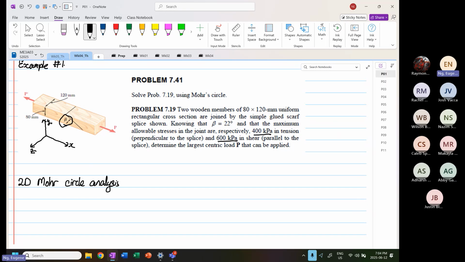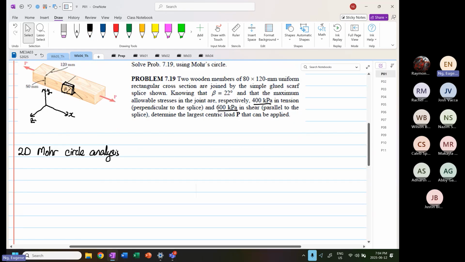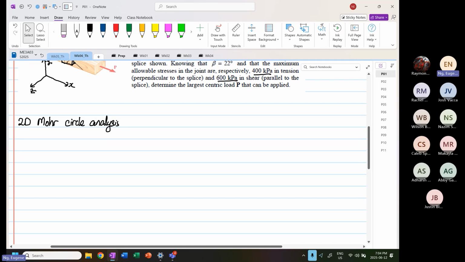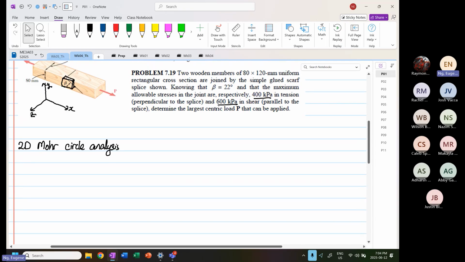Now at the beta point, I'm going to put an element. The element looks like this.